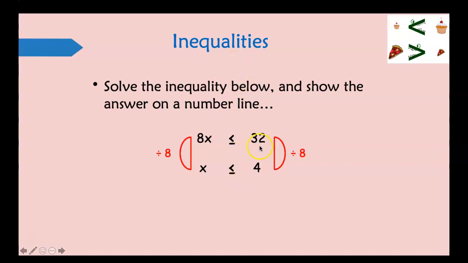Copy the symbol. 32 divided by 8 is 4. And you are done. The next part is to graph it using a number line. When you do, draw the number line and make sure that the 4 is included in the number line. Okay, this is with equal, so you have a shaded circle going to the left.